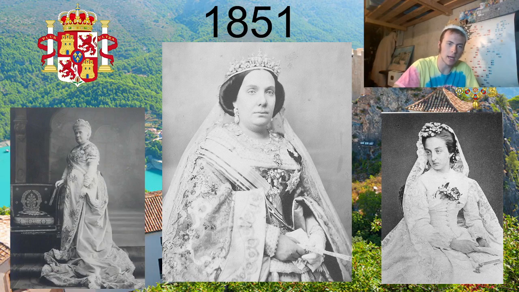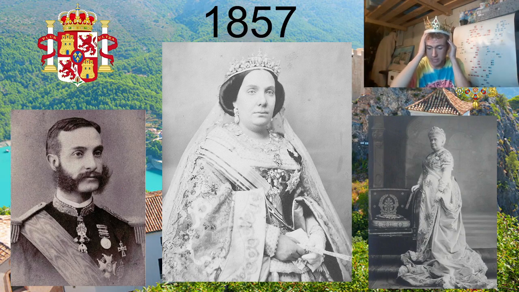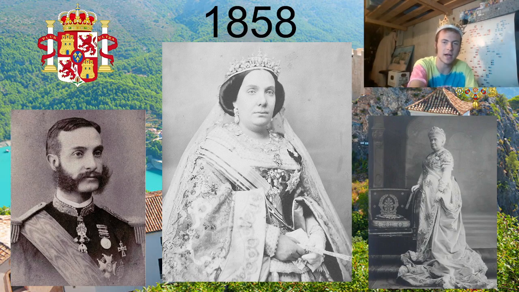So she's now heir to the throne. And that's going to hold true until 1857, because in 1857, Alfonso, Isabella II's son, is born. So this is all going to hold true. She doesn't have any more sons, so it just goes until there, or at least any that survive.